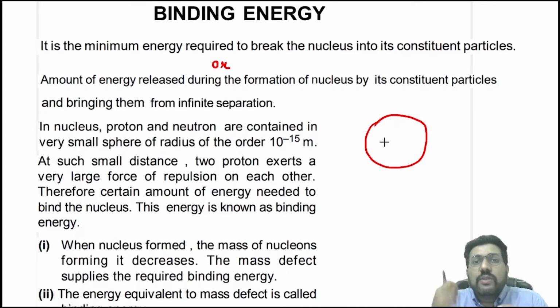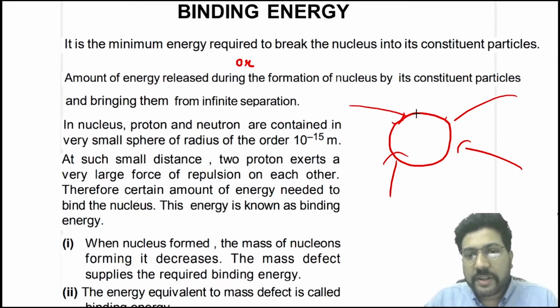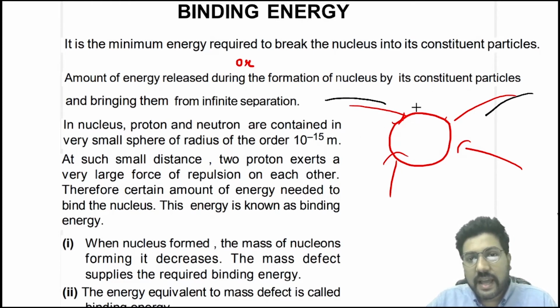Now, to break the nucleus again, you will have to give some energy. So the energy that you have to give to break the nucleus into its constituent nucleons is called binding energy. So again, I'll repeat. What is binding energy? It is the minimum energy which is required to break this nucleus into its constituent nucleons, or the amount of energy released when nucleons, which were separated initially at infinity, come together to form a nucleus.